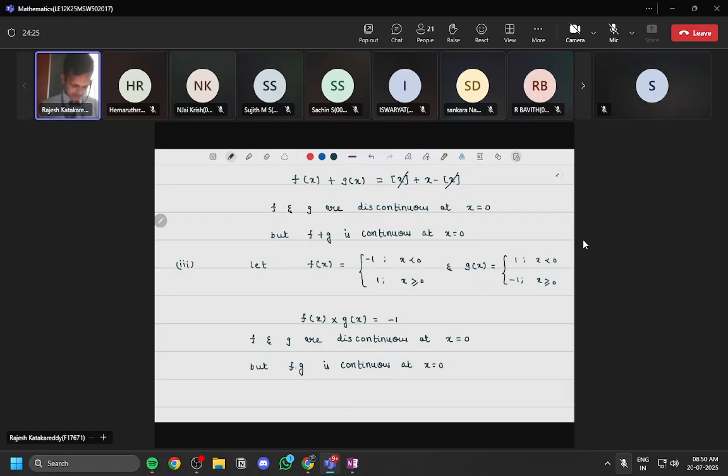I think I have given the counter examples for addition, subtraction and multiplication. Now we need to look at composition. Composition is slightly trickier.